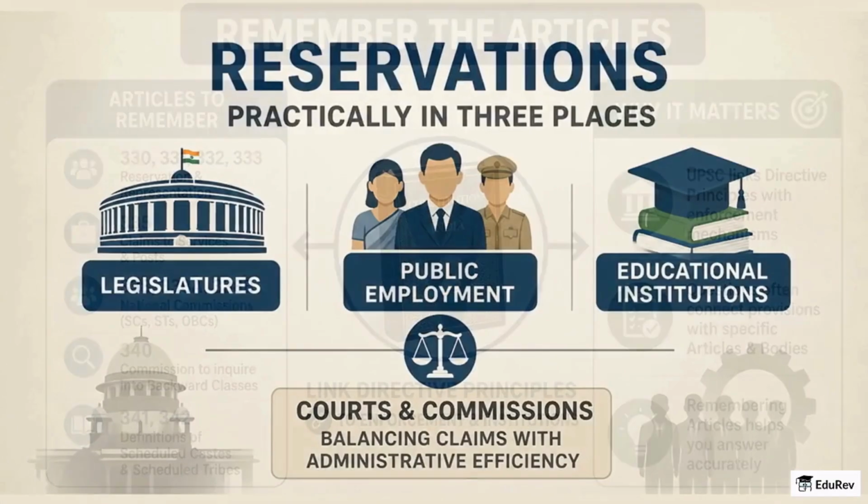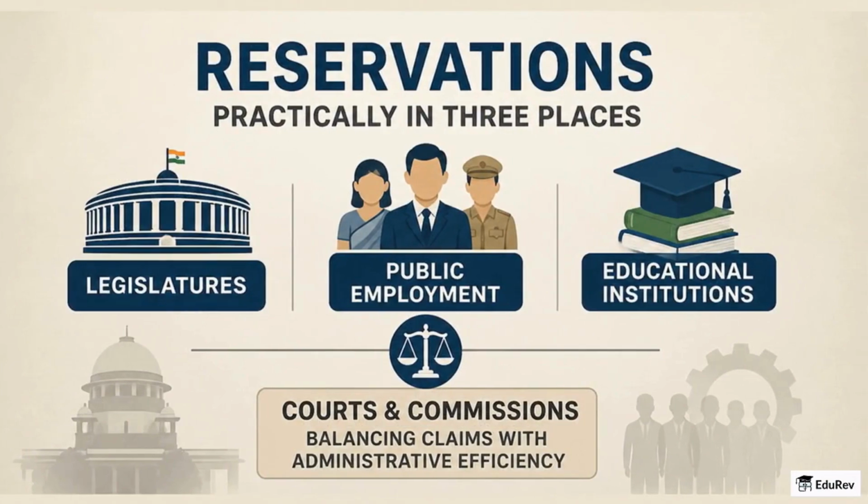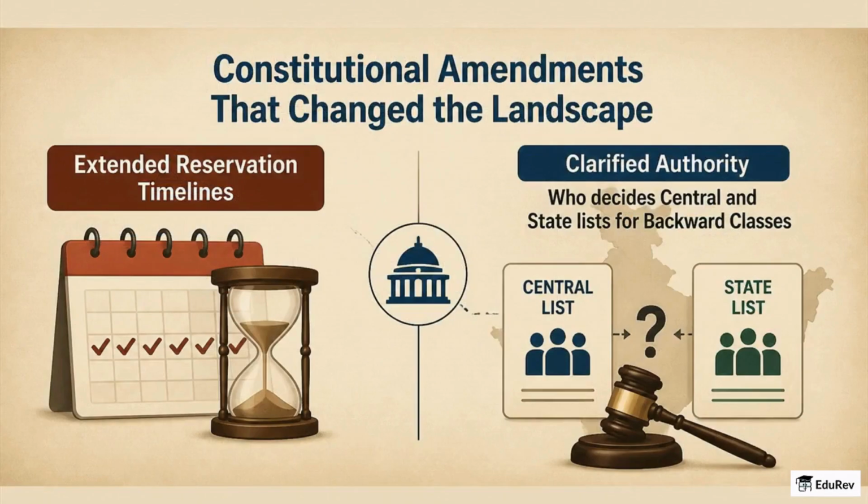Practically, reservations appear in three main places: legislatures, public employment, and educational institutions, with courts and commissions balancing claims against administrative efficiency. Also note constitutional amendments that changed the landscape. Some extended reservation timelines, while others clarified who decides central and state lists for backward classes.